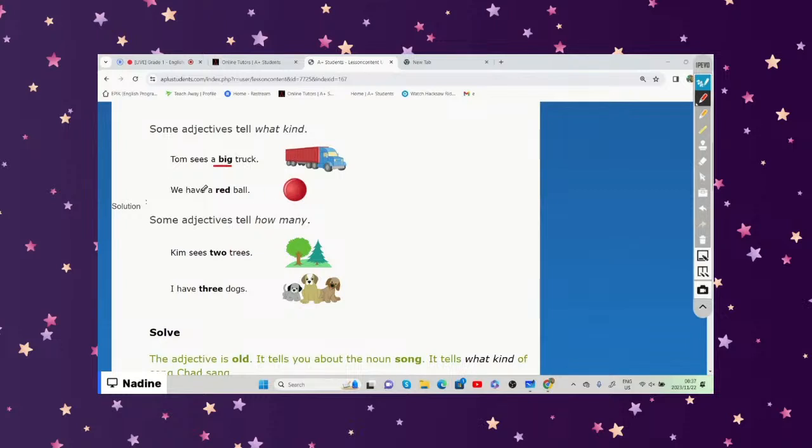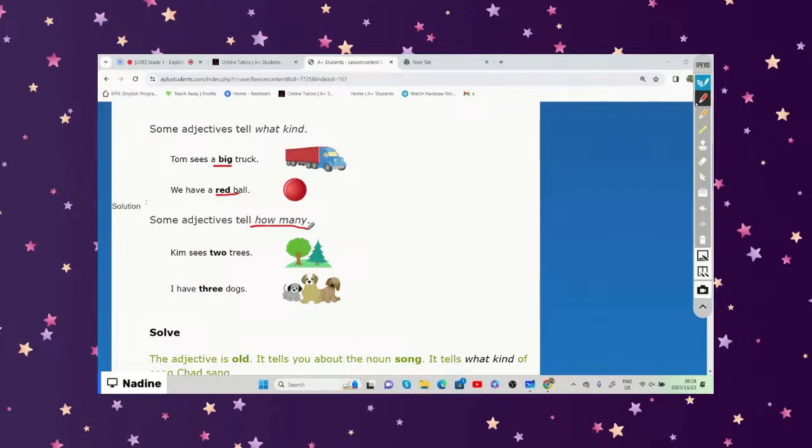And then we have a red ball. How would we describe that ball? Some adjectives, like we said, tell us what kind. And then we have some adjectives that tell us how many.